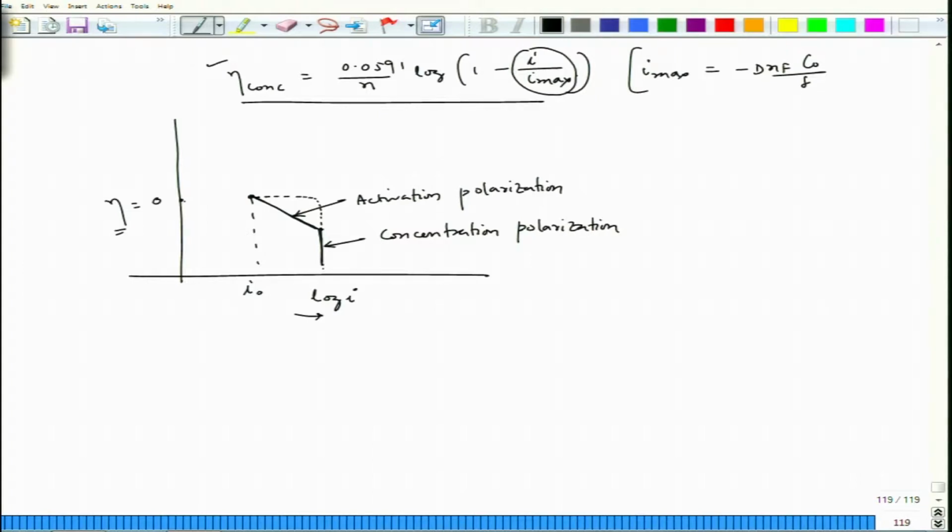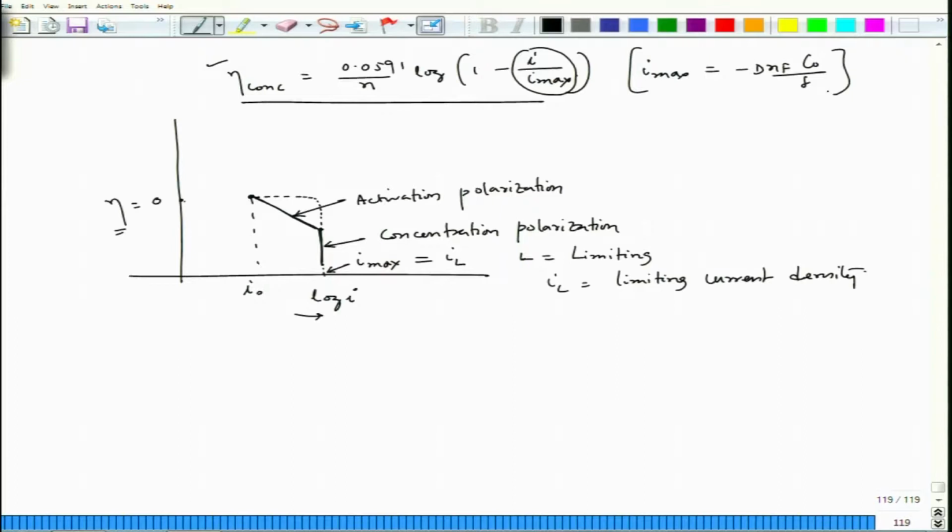And this particular current density for that reaction is I max. This is also termed as I_L, where L is nothing but limiting. So, this is I_L, the limiting current density.